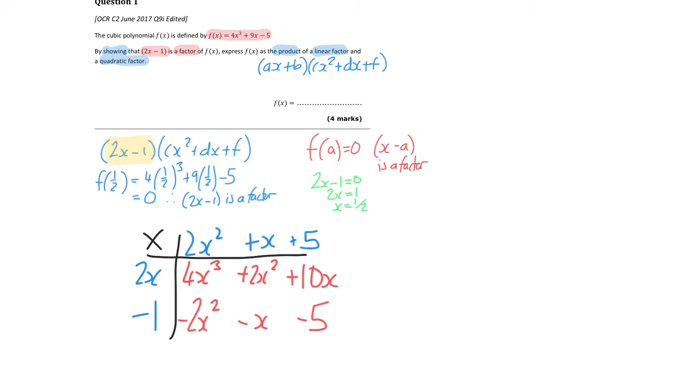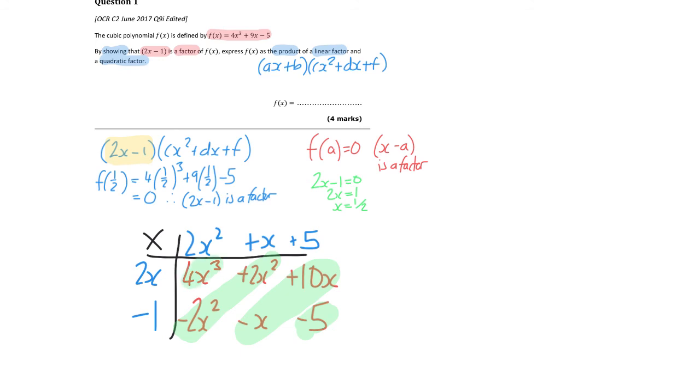Remember that these diagonal terms should make the cubic. So minus 2x squared and 2x squared makes 0x squared. Minus x and 10x makes 9x, which is what we have. And then the minus 5 is there and the 4x cubed is there.